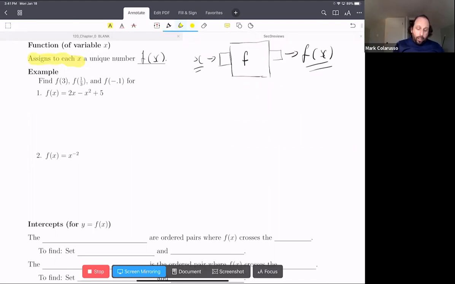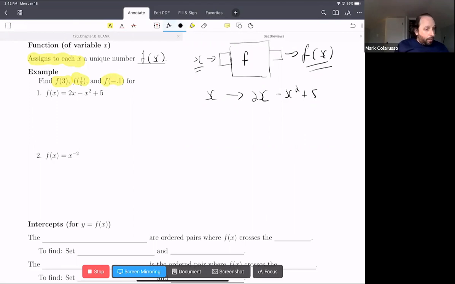The way to think of this is that for each x we feed in, the function outputs the quantity 2x minus x squared plus 5. What we want to do here is figure out the output if we input 3, so f of 3, and if we input 1/3, f of 1/3, and so forth, f of minus 0.1 and so forth. So let's do that.